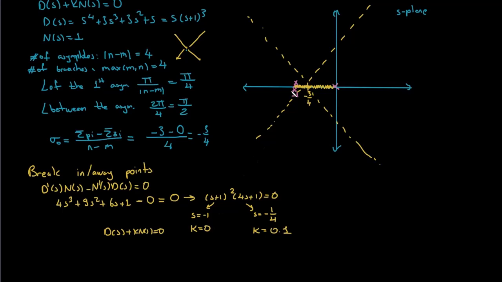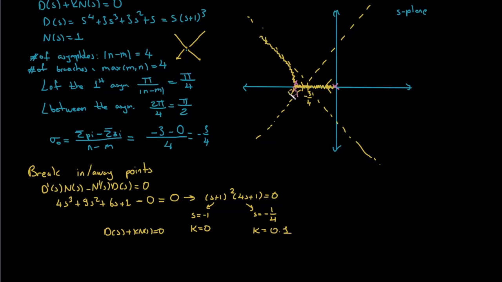So apparently these 3 poles break away immediately when k is equal to 0, at s equals -1. They separate immediately, okay? And if we increase k further, they move towards each other. So let me plot over here. This pole is going to move here. One of the poles is going to move there. These 2 are going to follow these asymptotes directly. The other one goes like this.